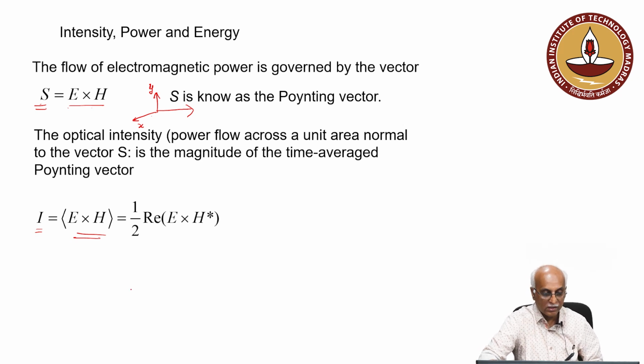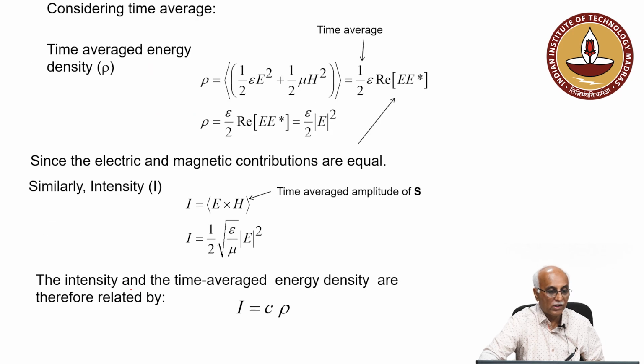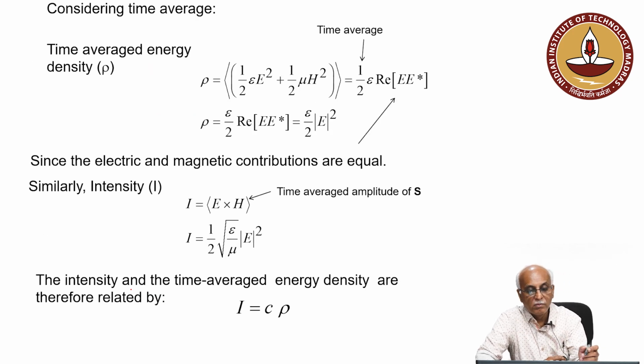The average energy density is given by the energy carried by the electrical field and the energy carried by the oscillating magnetic field. They add up to provide the average energy density of the electromagnetic wave.